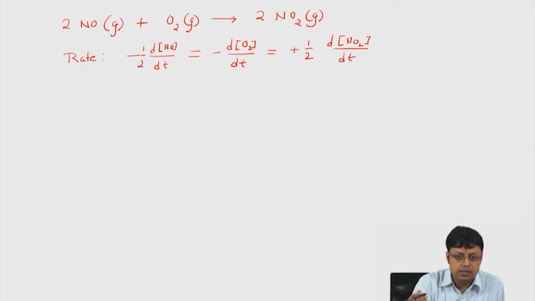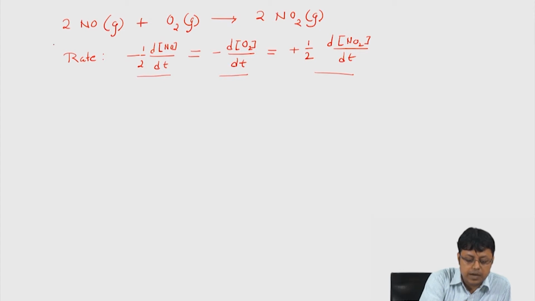Now, the question is, we will do some experiment and then try to understand what this rate, which is expressed either in terms of the reactants or the products, is equal to, how it varies with the concentration of the reactants or the products.